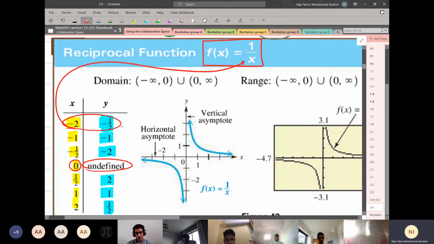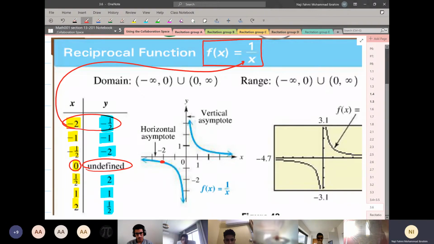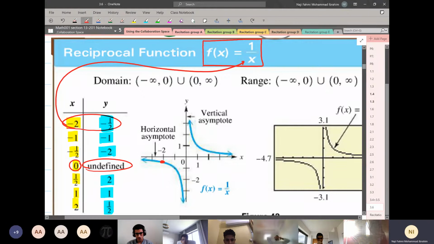Now let's try to plot those points. Negative 2 with negative half: if I plot it on my graph, it will be this point here. Then our next ordered pair is negative 1, negative 1. Then we have negative half and negative 2. Then we have 0. We cannot draw it, of course, because it's undefined.